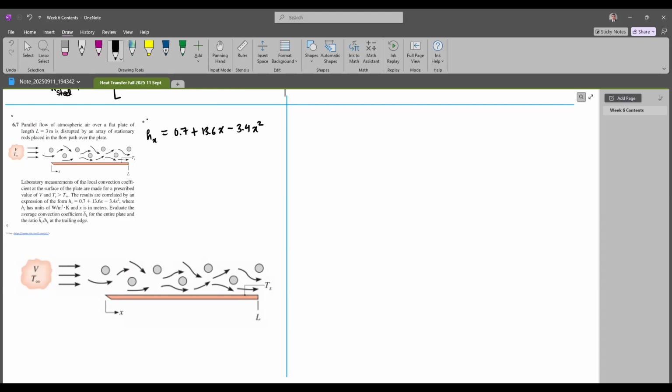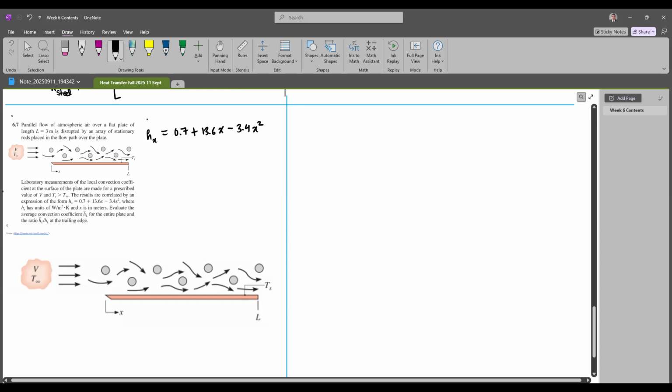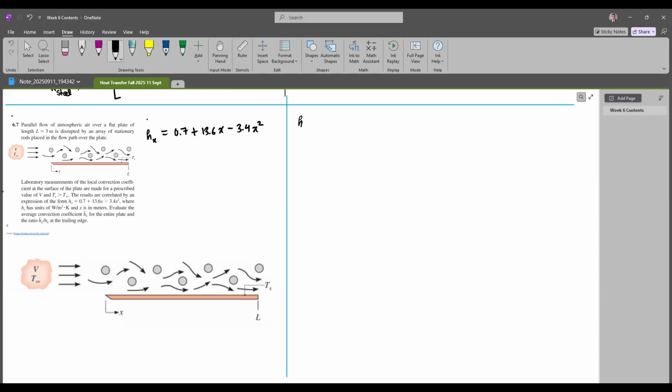Everything is in SI units. Evaluate the average convection coefficient HL bar for the entire plate and the ratio HL bar over hx at the trailing edge. I think it's pretty simple. We just have to calculate HL bar, which is 1 over L times the integration of hx as a function of x dx, integrated over 0 to L, right?